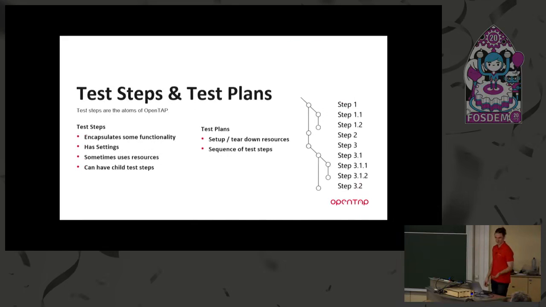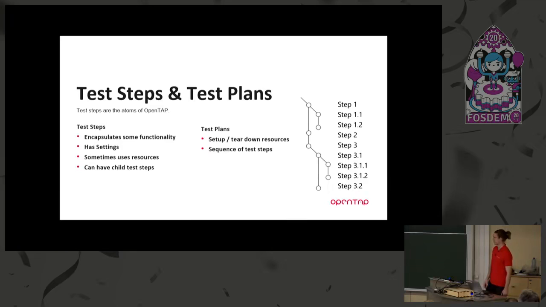Okay, so test steps and test plans. Test steps are like the atoms of OpenTAP. It's how you build your test sequence. As I said, test steps encapsulate some functionality. They have some settings, like which frequency you are measuring. They sometimes use resources, if it's a measurement or if they control some piece of hardware.